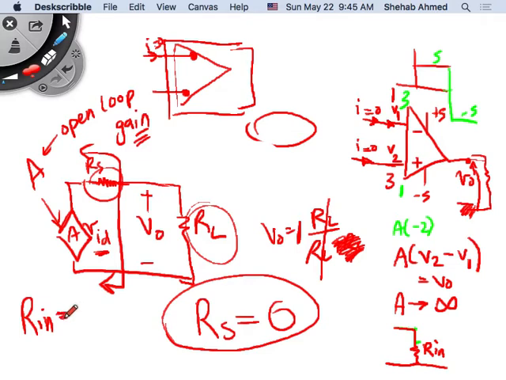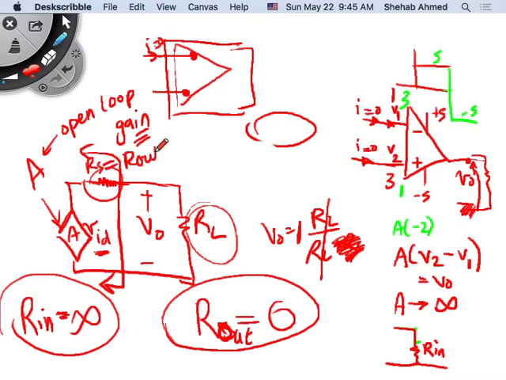R input equal to infinity. Our output, this RS, is equal to our output, it's the same. So RS, our output, is equal to 0. And current entering equals 0.